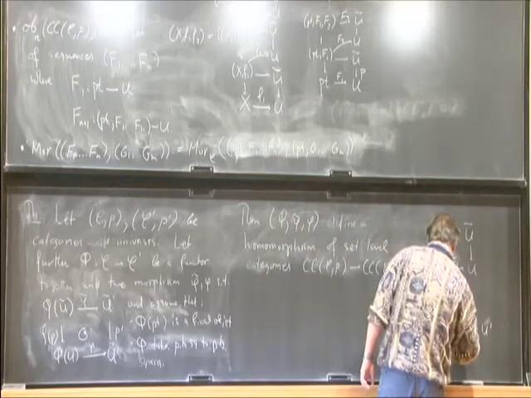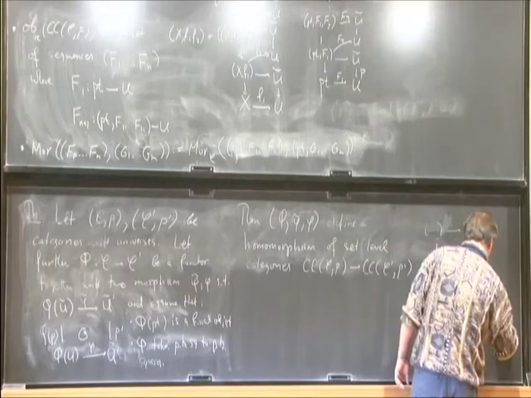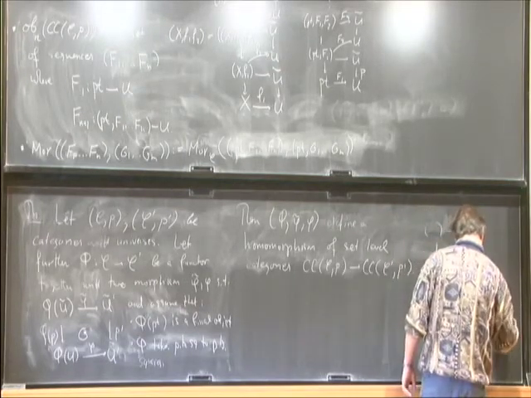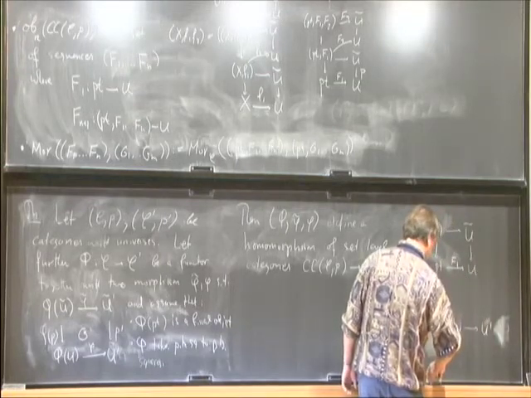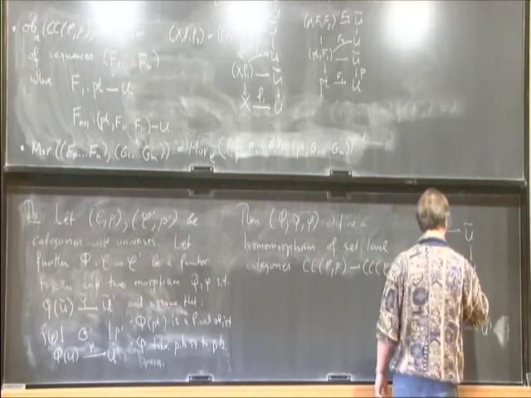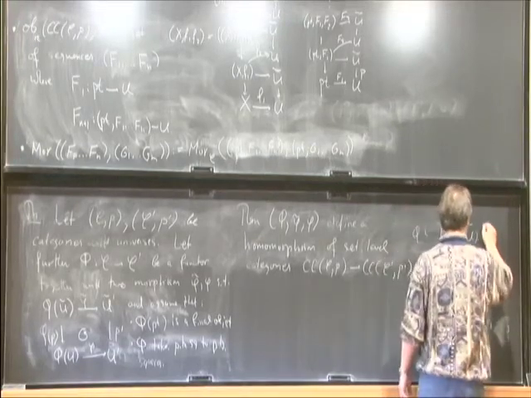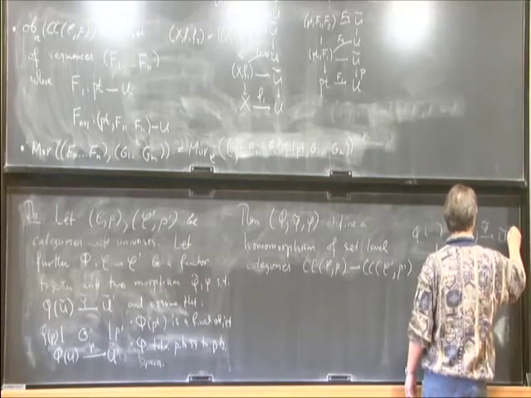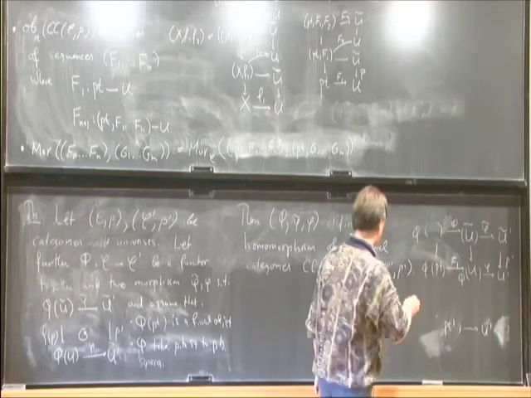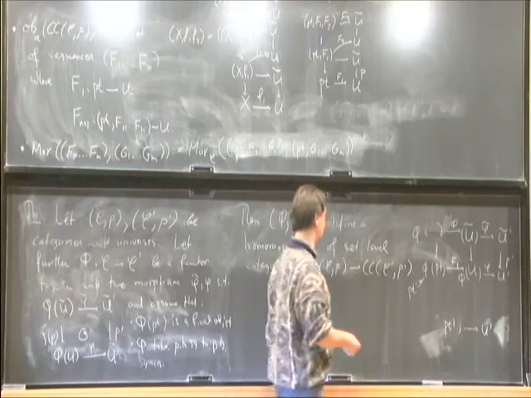Second of all, I have a map from phi of u tilde to u tilde prime, here I have phi to u prime of p prime, and here I have a unique isomorphism between two final objects.